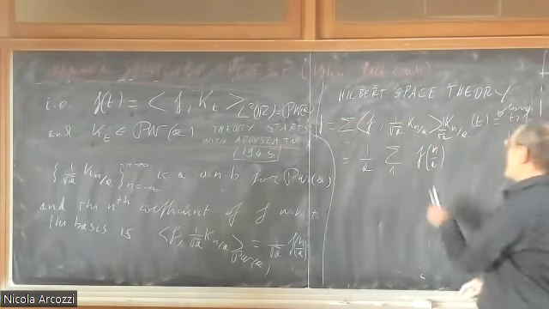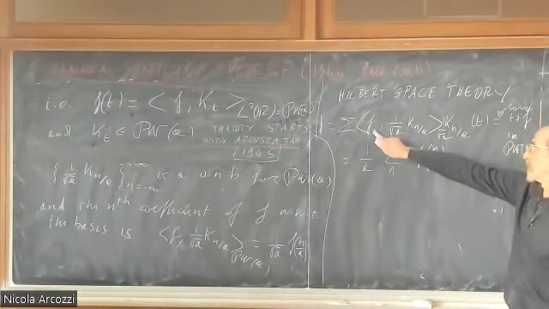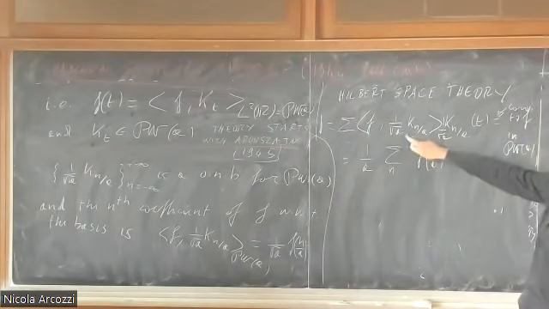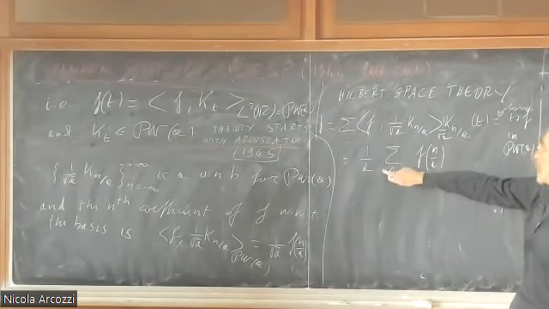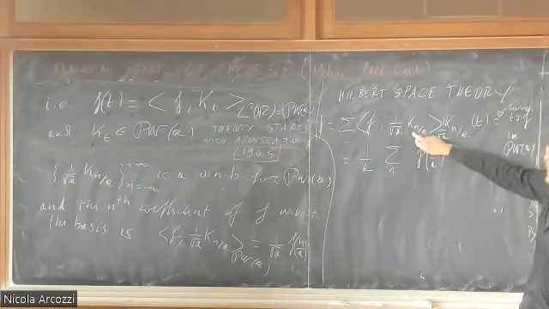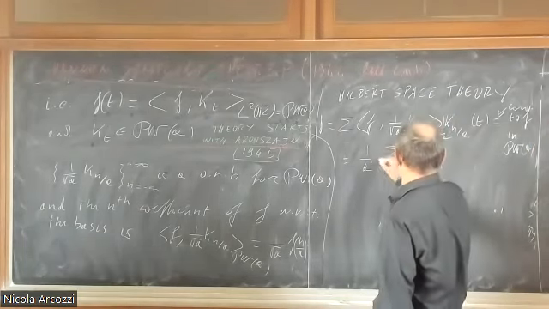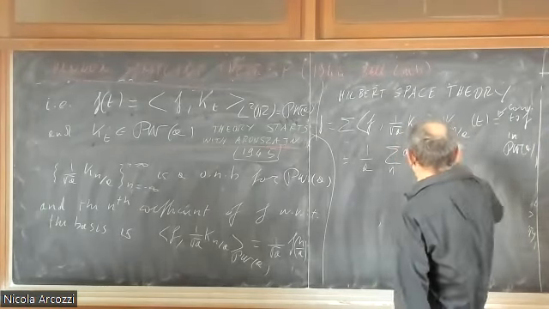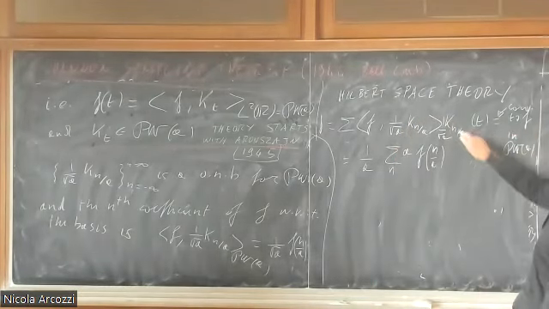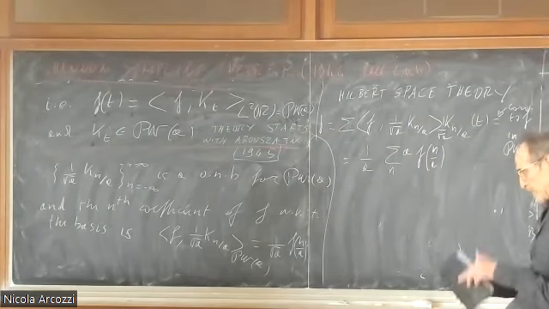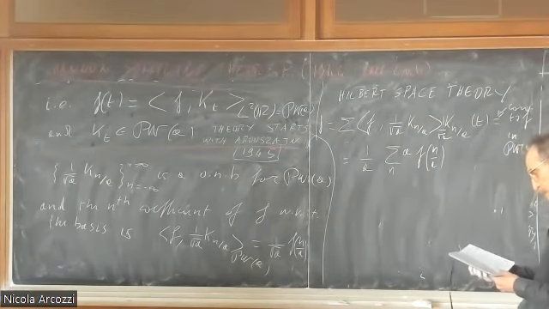Okay. But this is 1 over square root of a, and 1 over square root of a is 1 over a. But then this times that, as we said in the reproducing formula, is a times that times this, which is the sinc of whatever.